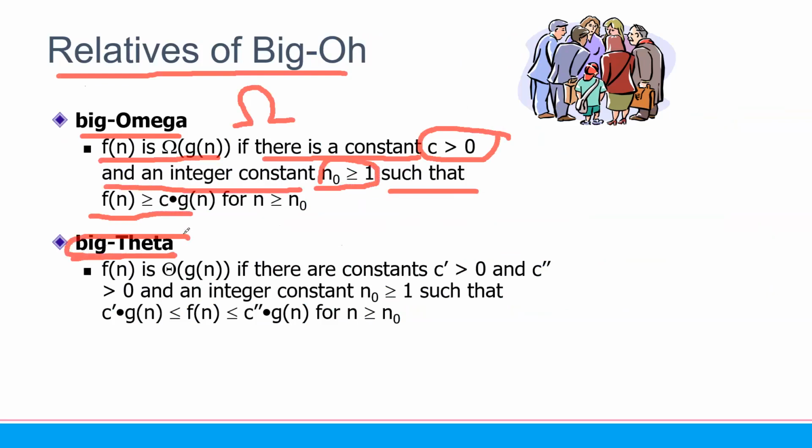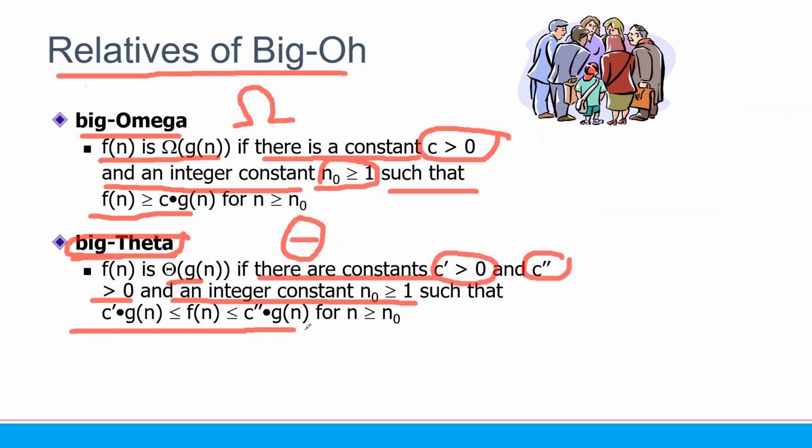We call big theta is like this symbol. So f(n) is big theta of g(n) if there are constants c' greater than 0 and c'' greater than 0 and an integer constant n0 greater than 1, such that we have this formula.